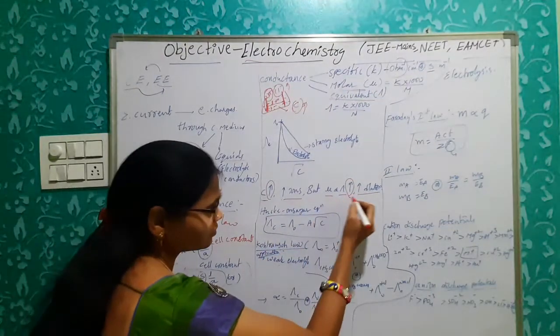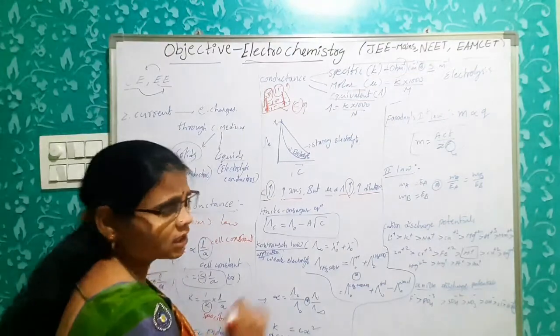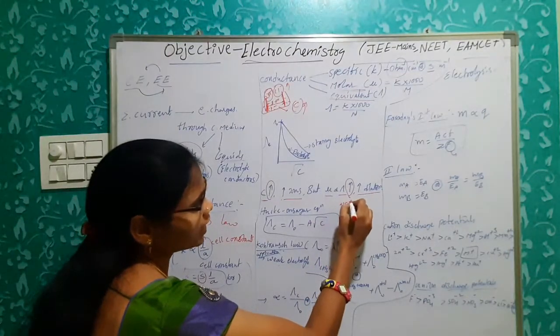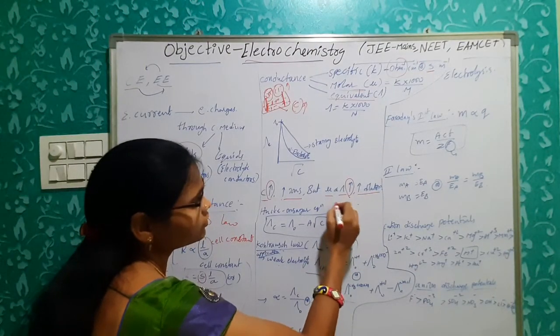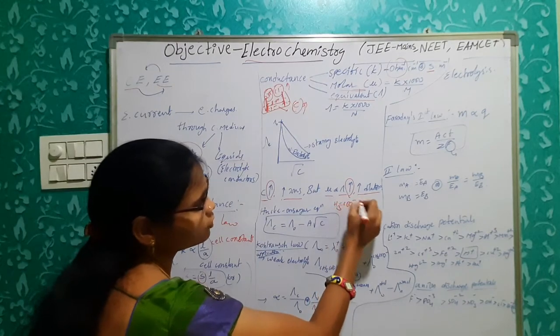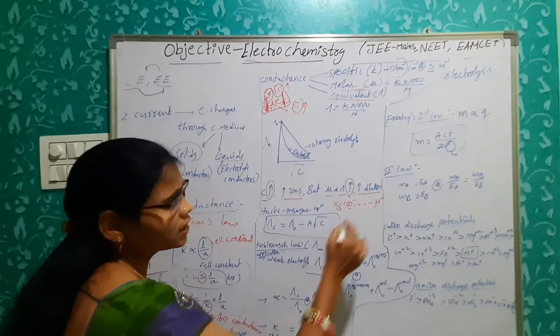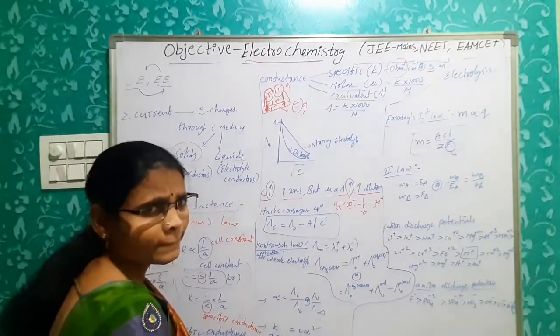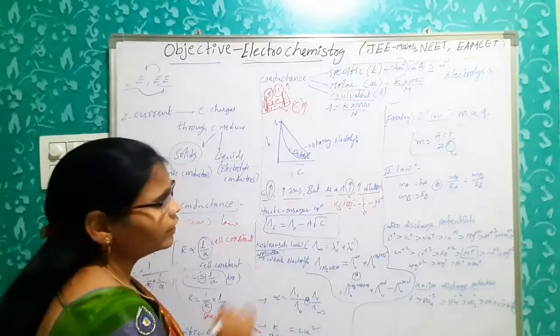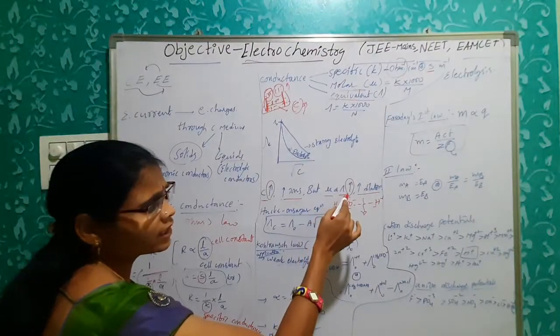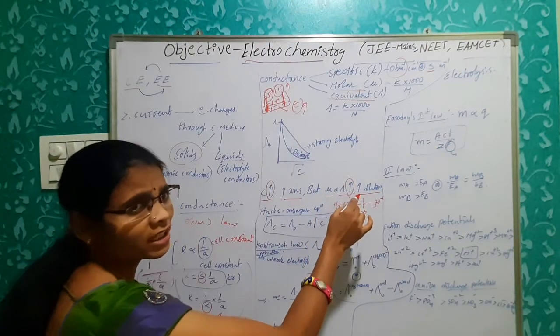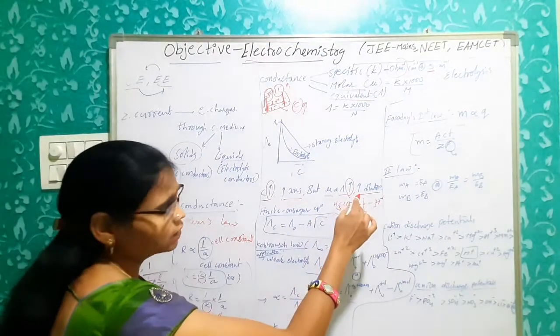As dilution increases, the distance between the ions increases. Suppose the weak electrolyte is CH3COOH, giving CH3COO minus and H plus. The distance increases, so the bond can easily break and easily form its ions. That means molar and equivalent conductances increase with increase in dilution.